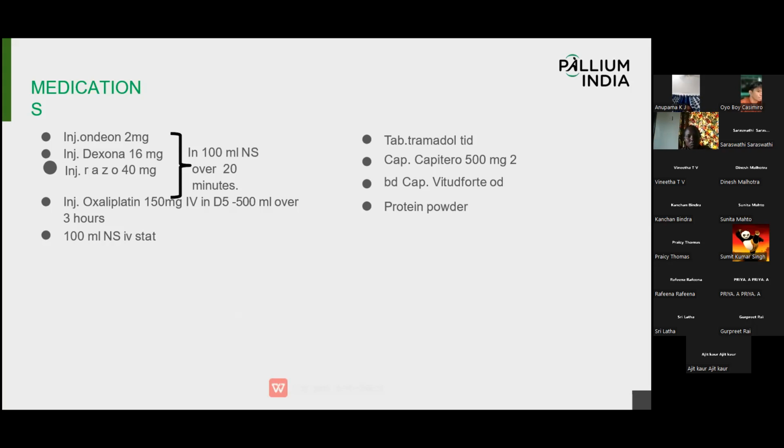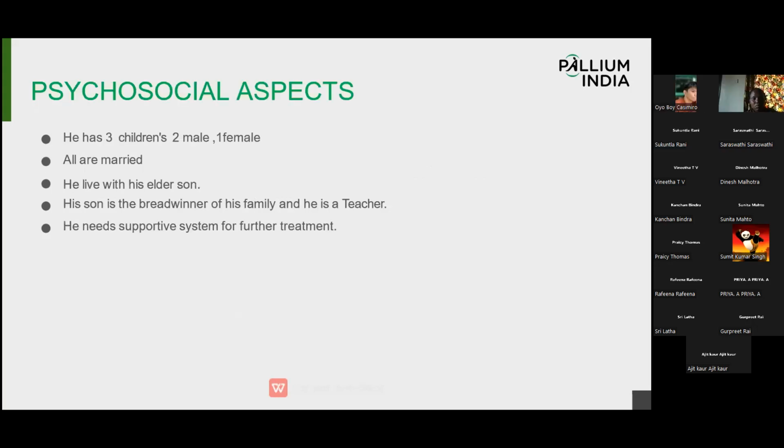Tab Tramadol TID, tab Capecitabine 500 mg 2 BD, cap 2 OD, protein powder.